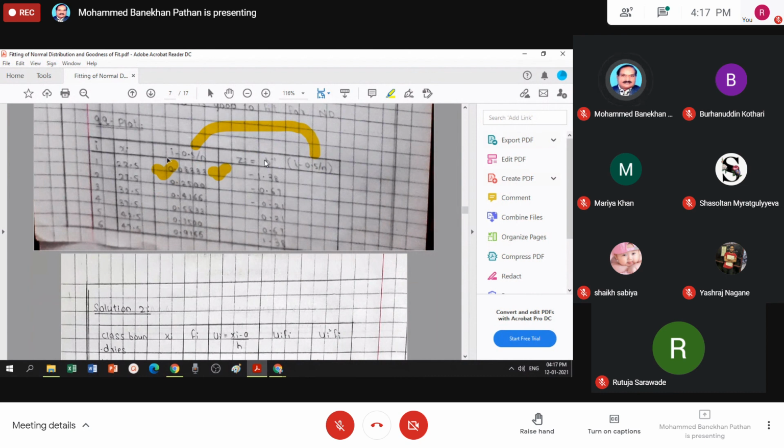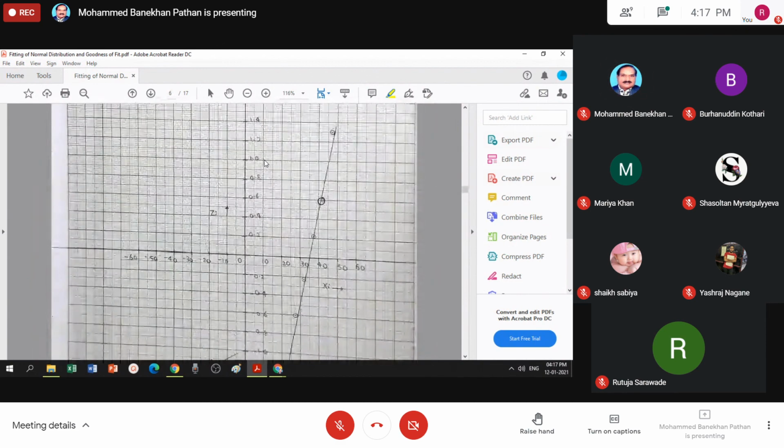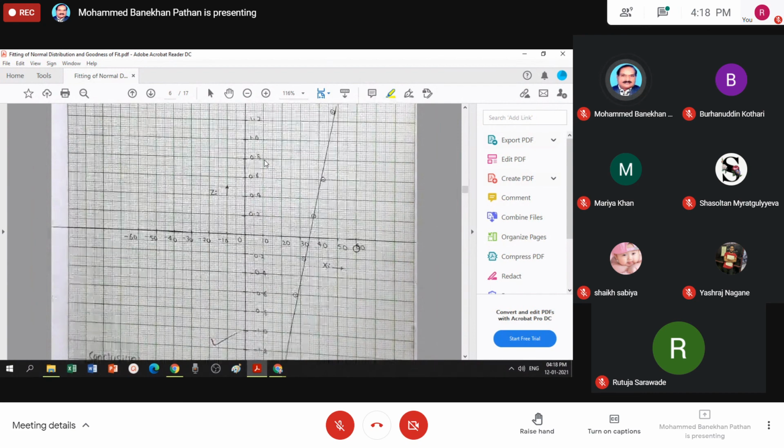Now by taking xi on the x-axis and zi on the y-axis, we draw the graph, and the graph looks like this. This horizontal axis is x and this vertical axis is y. So we write the values of midpoints. They are positive values. So this is your x-axis.